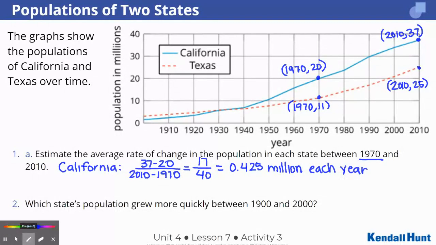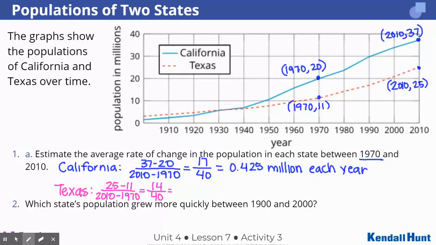For Texas, you should have had 25 minus 11 over 2010 minus 1970. And so that gives you 14 over 40. So 14 million people increased in Texas over 40 years.